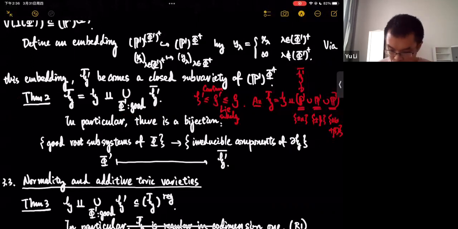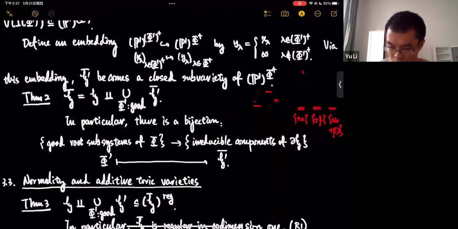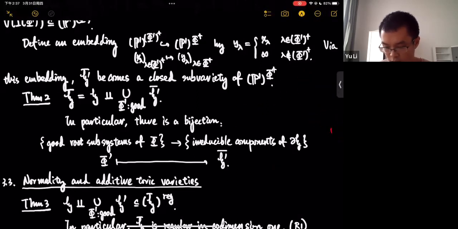So in particular, it tells us that in order to understand irreducible components of the boundary of H bar or of H, it suffices to understand good root subsystems.